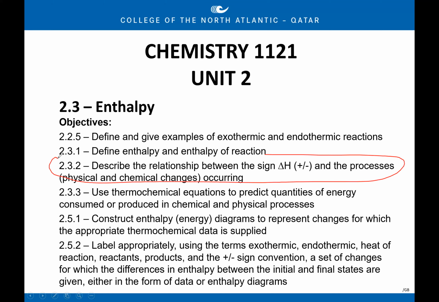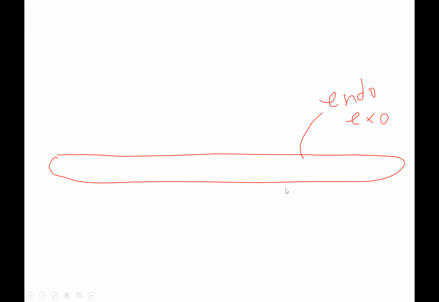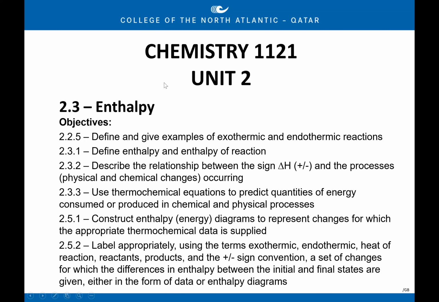Today, a lot of students asked, is it endo or exo? This is really one of the best ways to figure out if a reaction is endo or exo. I'll give you one other hint, and then that's it. If some of you are wondering how you know, hold on. I know I said 60 seconds, but my computer is being a jerk.